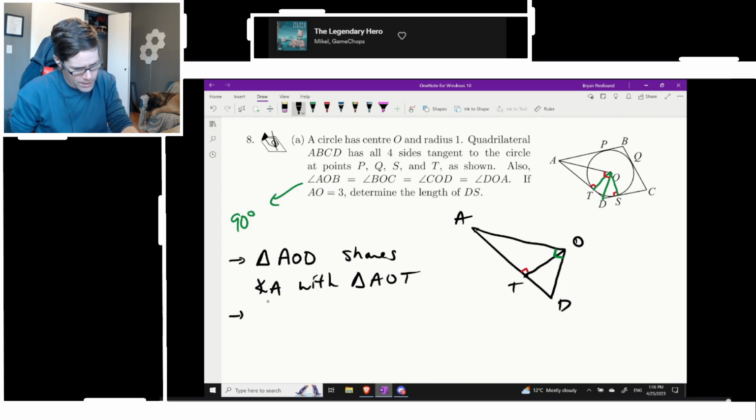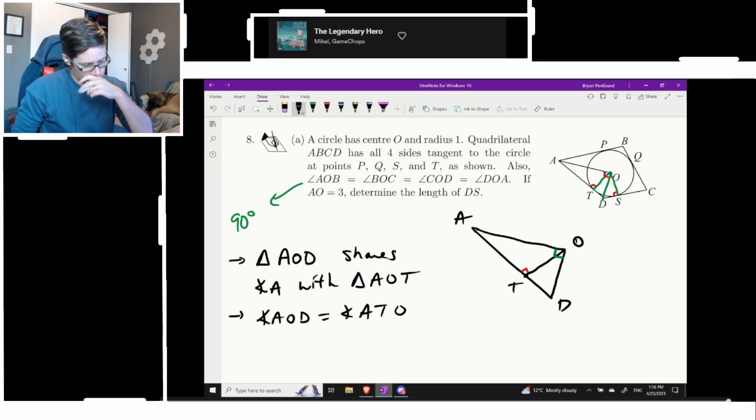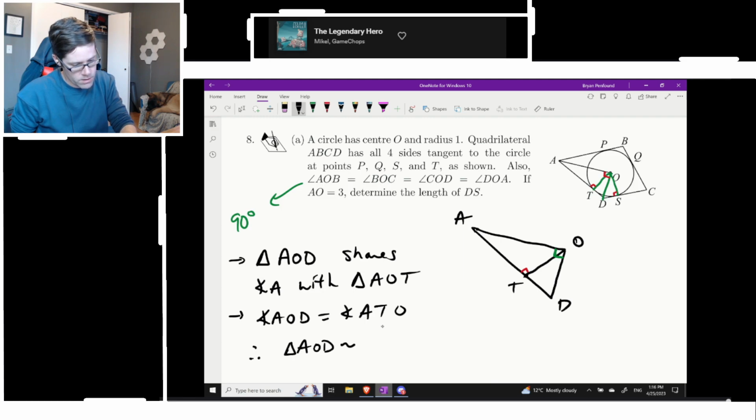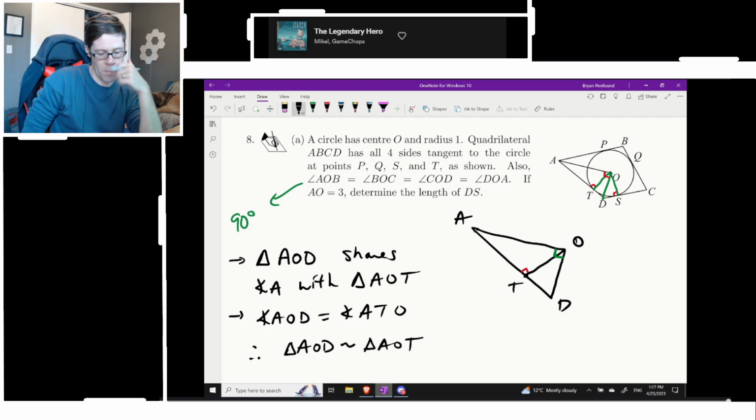Second noticing is we have angle AOD is equal to angle ATO. So I guess that means that triangle AOD must be similar to ATO or AOT. I think that's the case, right? These two triangles have to be similar.